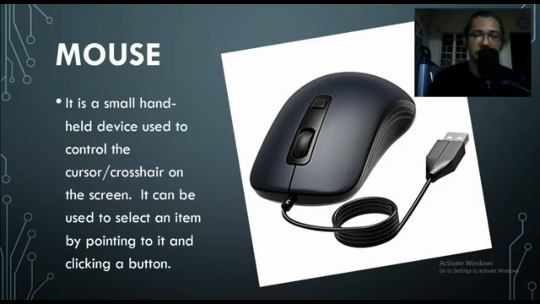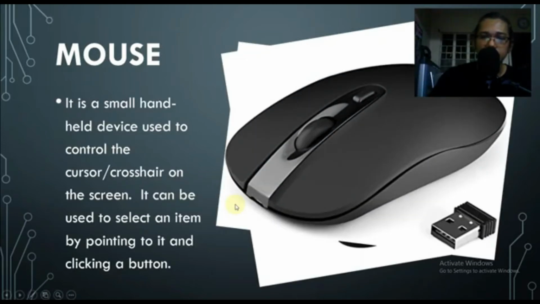If you wanted to browse the screen using an arrow, you used the arrow keys on the keypad of the keyboard. Anyway, the mouse is a small handheld device used to control the cursor and crosshair on the screen. It can be used to select items by pointing to them and clicking a button.